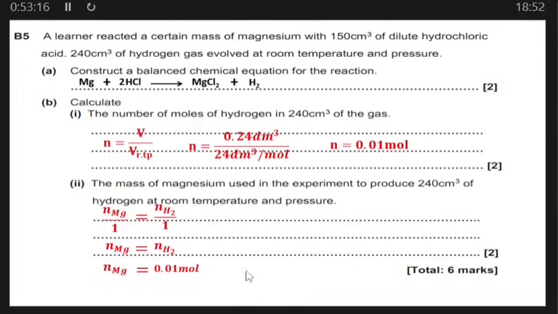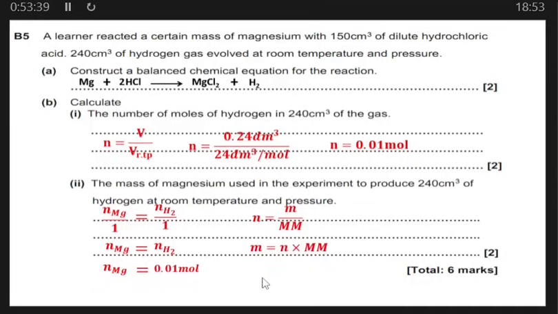So from here, now we are going to get the formula that we use to calculate mass. So this formula says number of moles is equal to mass over molar mass. Since we are looking for this mass here, we'll make it the subject of the formula as mass is equal to number of moles times molar mass.